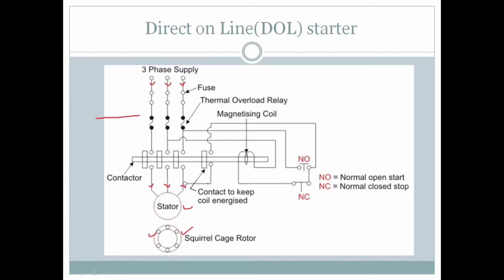And we make some arrangement from this point to this point, so that we need a thermal overload relay, a fuse section, a magnetizing coil, and a contactor to keep the coil energized, and one switch normally open and one normally closed.